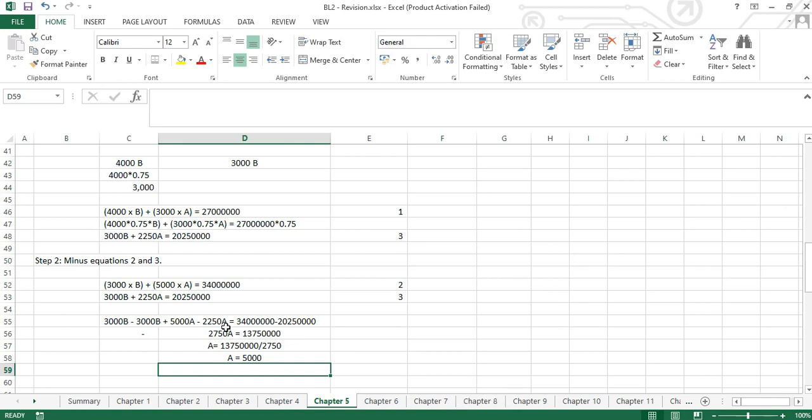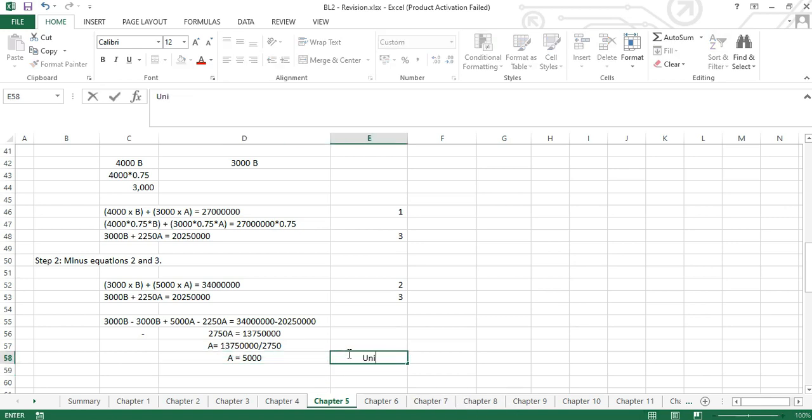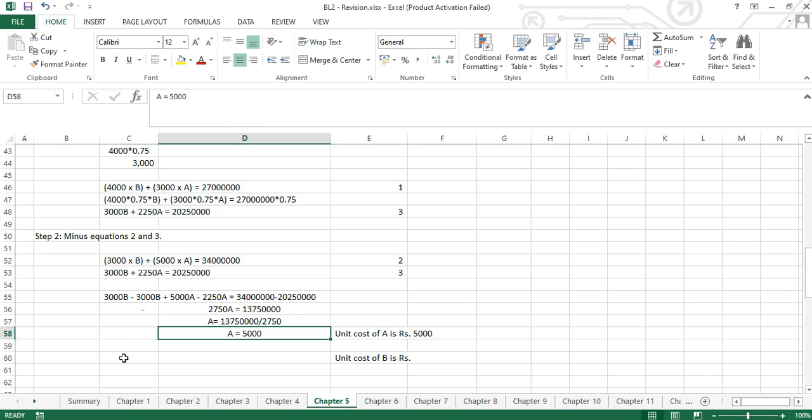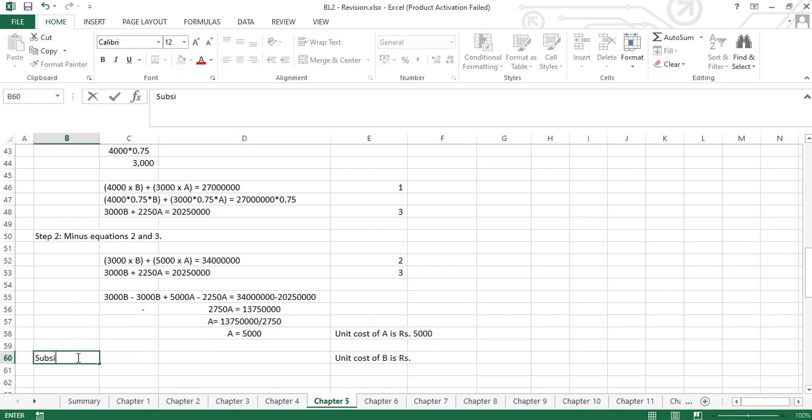So that means the unit cost of A is 5,000. Okay. If the unit cost of A is 5,000 rupees, what is the unit cost of B? Let's apply it to the equation. If A is 5,000, let's substitute A's value into equation 2.